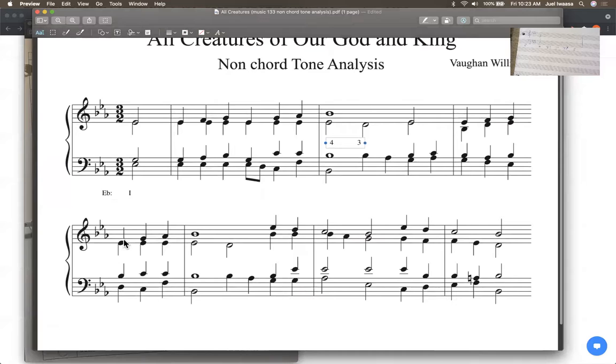And then here, E flat, well, is this a chord on its own? Because we have 1, right? 6, 7 diminished 6 right here, 1 again. And then is this just a 1 chord with a passing tone? My inclination is to say yes. I don't think this is anything different.